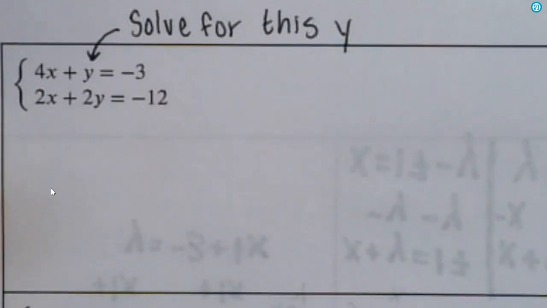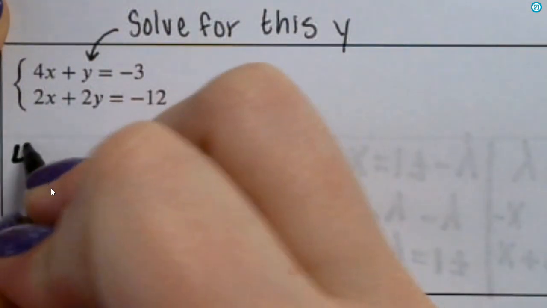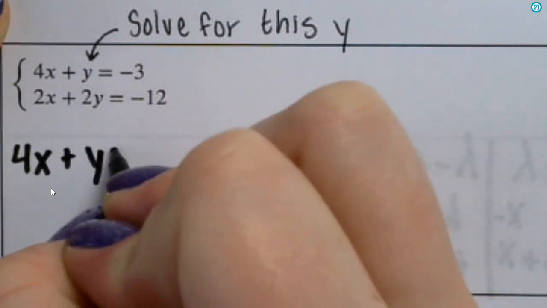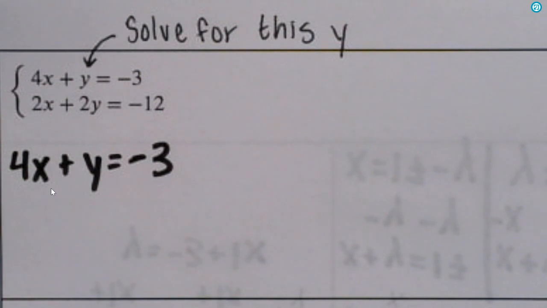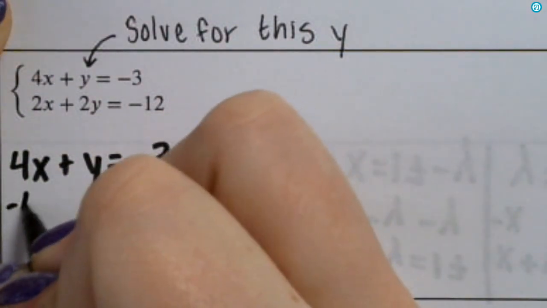And then we can go ahead and do that. So I'm going to take that first equation. I'm going to rewrite it down here. 4x plus y equals -3. And I am going to solve for that y right there. So to solve for that y, I will get rid of the 4x by subtracting 4x.